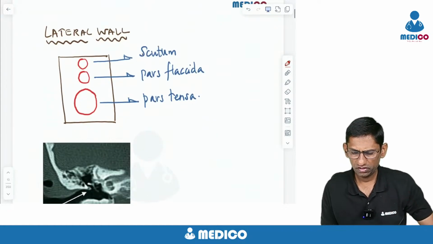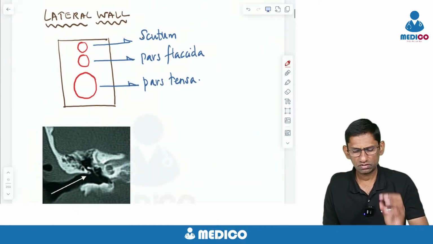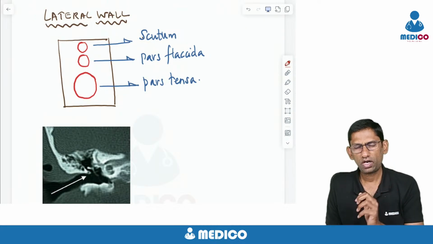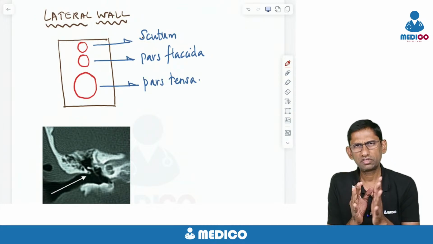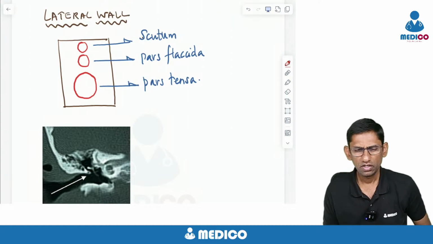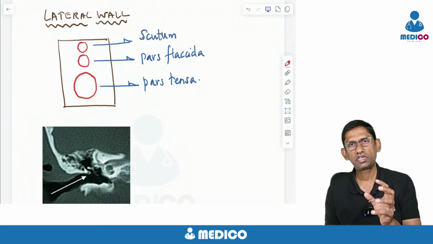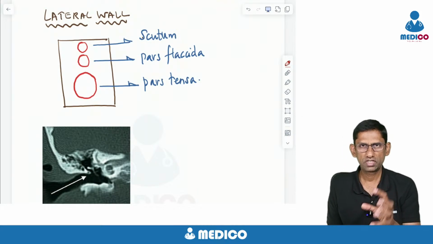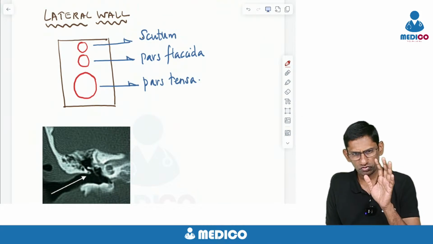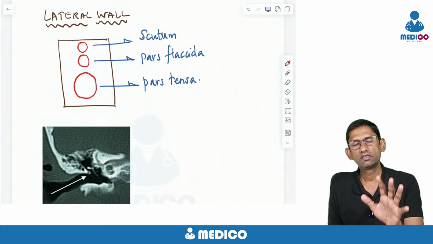And there is a very simple line diagram for each wall that I have given you to understand what are the important structures in each wall of the middle ear. So to remember in an easier way, on each wall there are three round or oval shaped structures. Those three structures are very important in these areas.